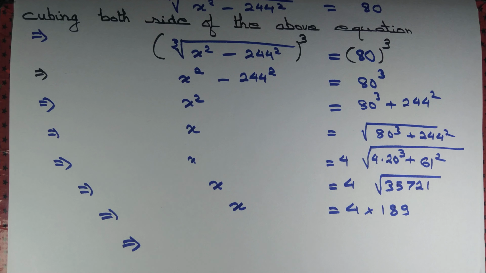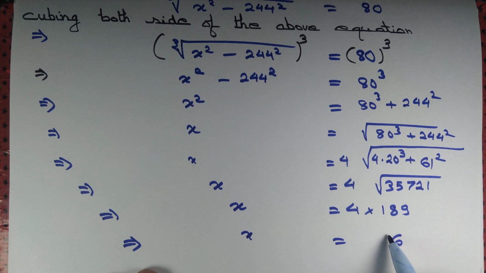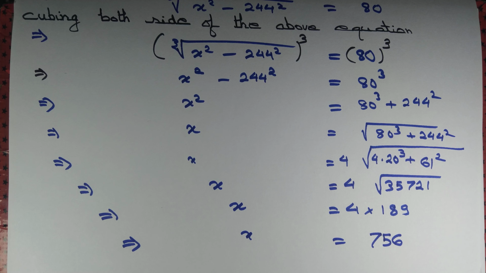From there we conclude that x equal to 4 into 189. 4 times 9 is 36, 4 times 8 is 32, 32 plus 3 is 35, 4 times 1 is 4, 4 plus 3 is 7. So x equal to 756.